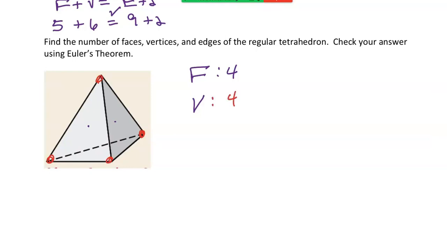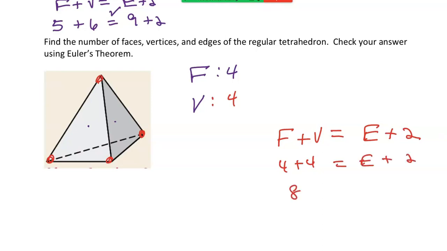That's 4. If I want to figure out my edges, I could say F plus V equals E plus 2 if I didn't want to count them. So 4 plus 4 equals E plus 2. This is 8, equals E plus 2, minus 2, minus 2, 6 equals our E. Okay, E is going to be 6.